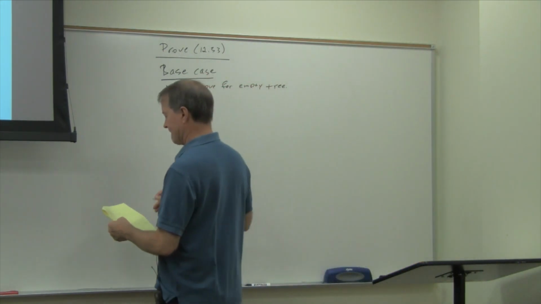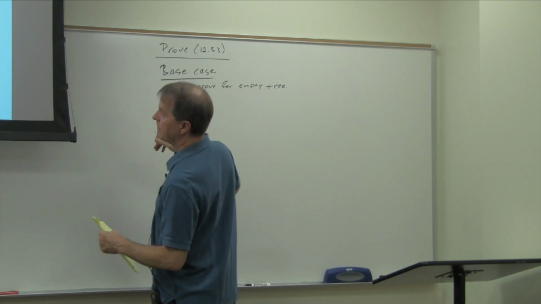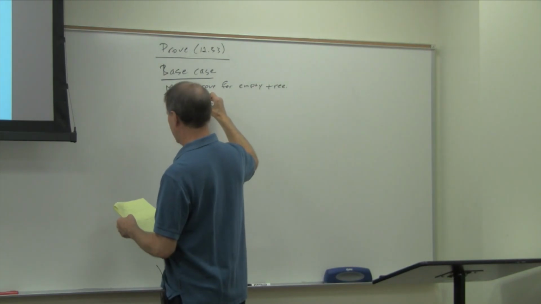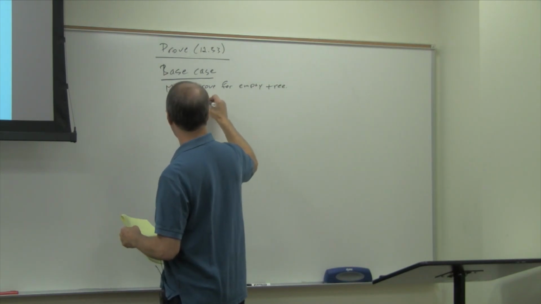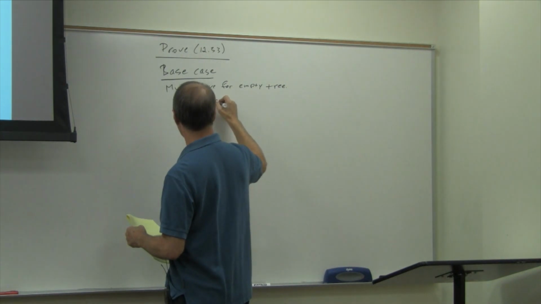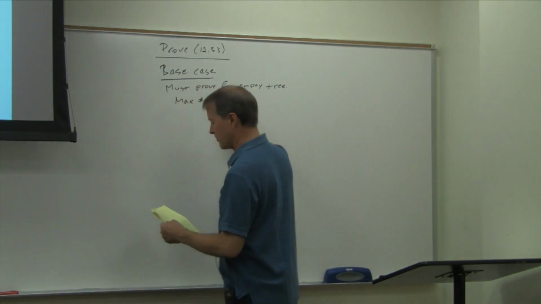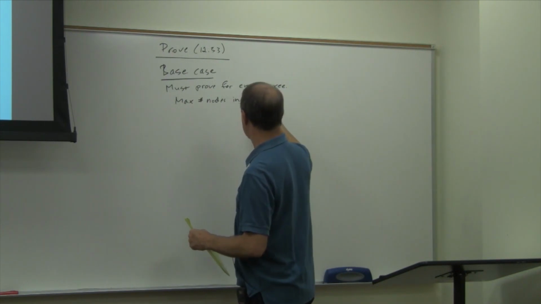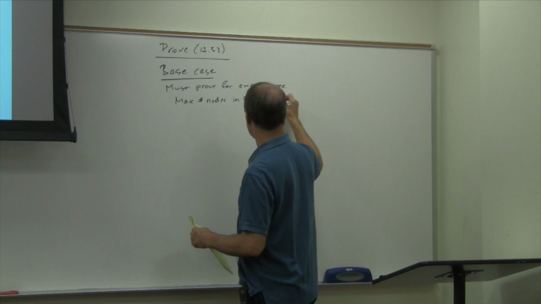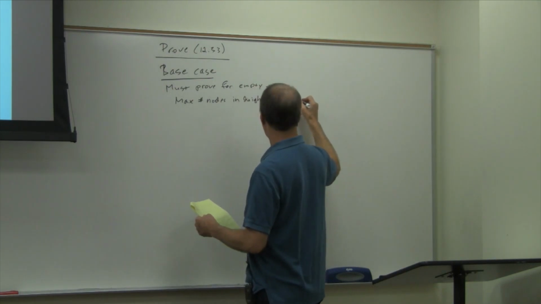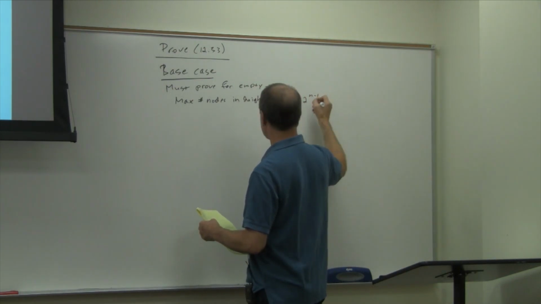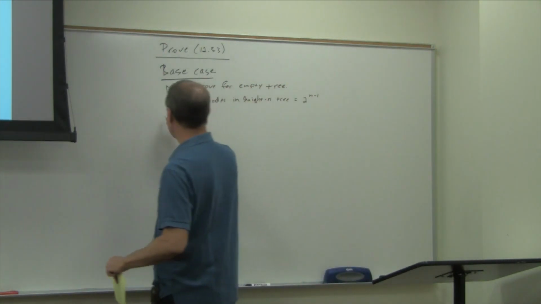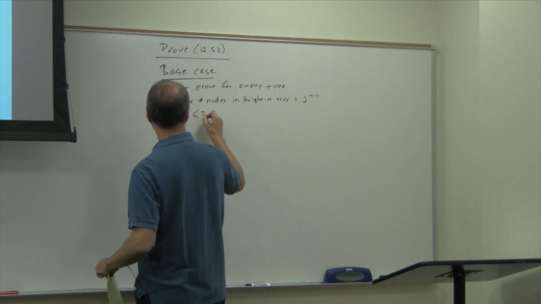So max number of nodes, a little abbreviation here, the max number of nodes in a height n tree equals 2 to the n minus 1, right? Now what is our base case?